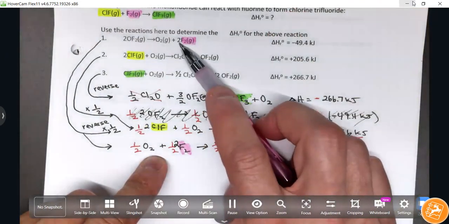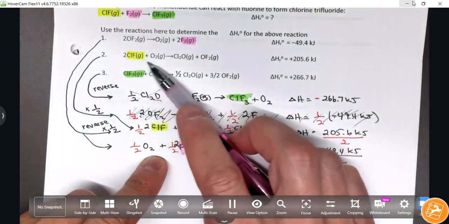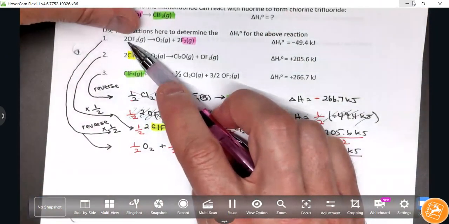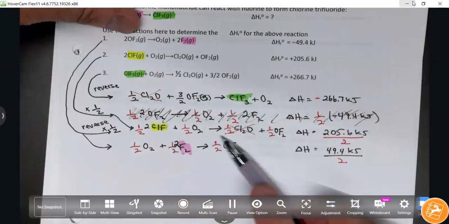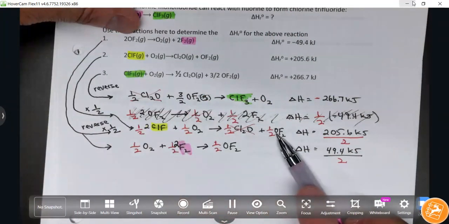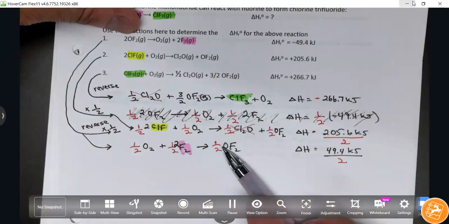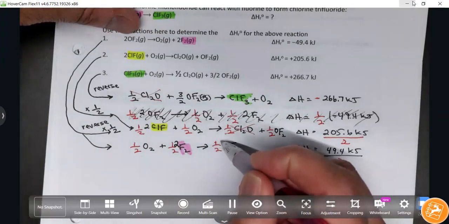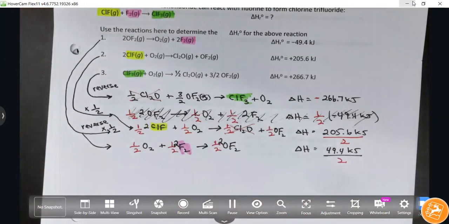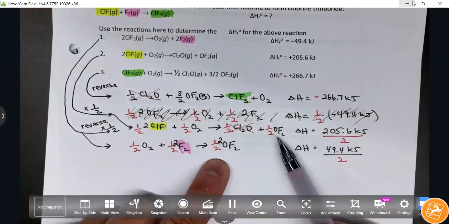There's a 2 OF2 up there. So divided by 2, we only give you 1 OF2, not 1/2 OF2. All right, and then over here, I'm missing this 2 as well. Right there. That gives us 1. That does it.